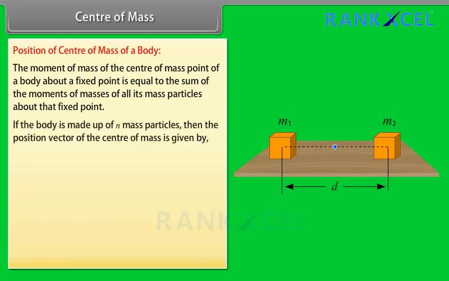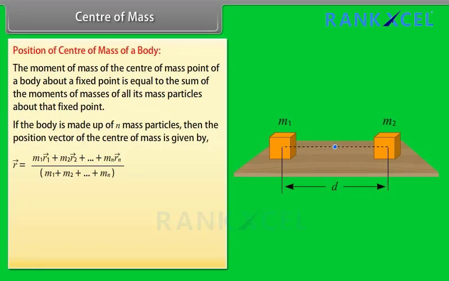If the body is made up of n mass particles, then the position vector of the center of mass is given by r vector is equal to (m1 r1 vector plus m2 r2 vector plus so on till mn rn vector) by (m1 plus m2 plus so on till mn).